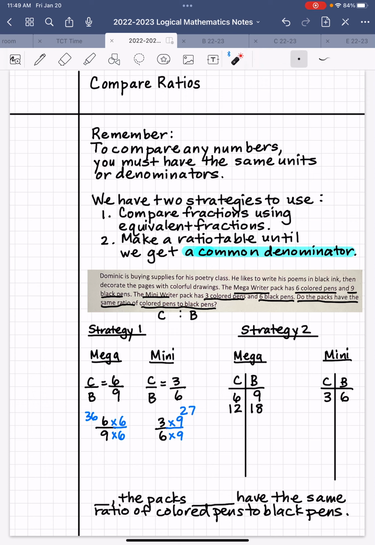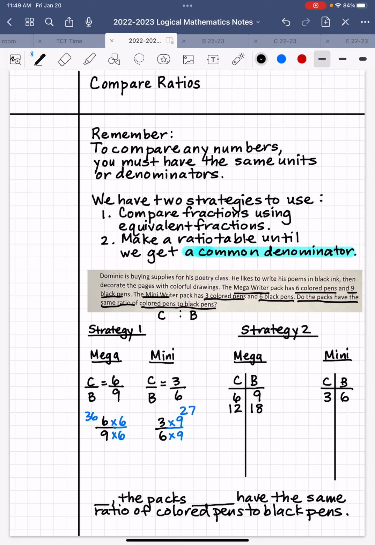I could keep on going down this line, but I'm going to stop when I get the same number of black pens, because I want the common denominator of black pens so I can see if the number of colored pens is the same. So for Mini, for every 3 colored pens, there are 6 black pens.